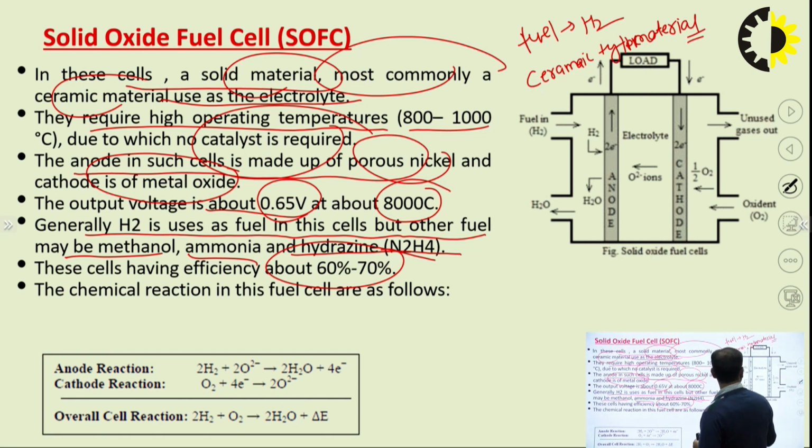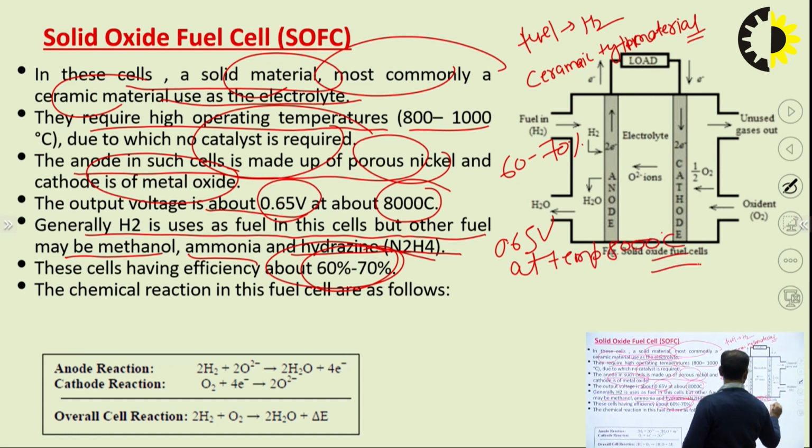This type of fuel cell produces an efficiency of about 60 to 70%, and with the help of this solid oxide fuel cell we can obtain a voltage of nearly 0.65 volt at a temperature of 800 degrees Celsius. So this is the solid oxide fuel cell.